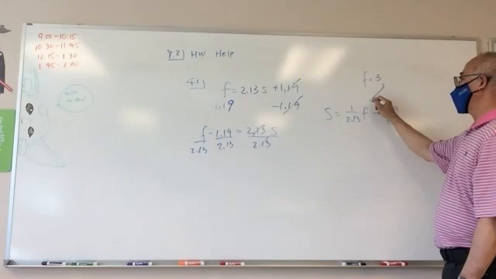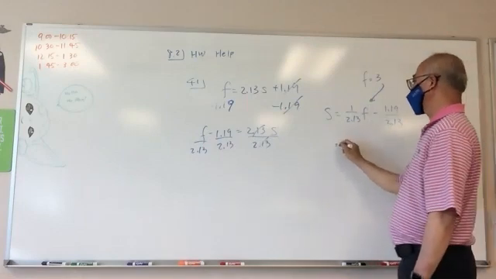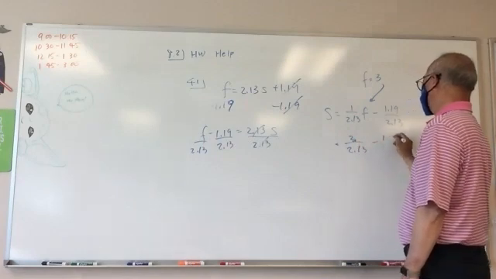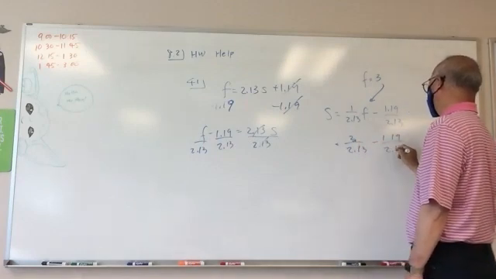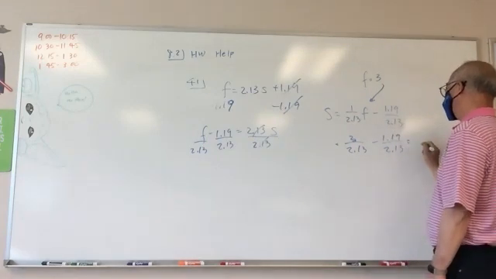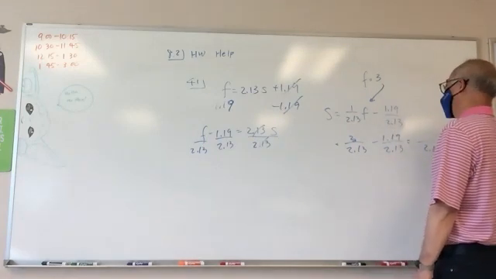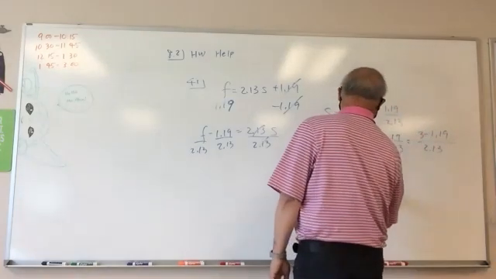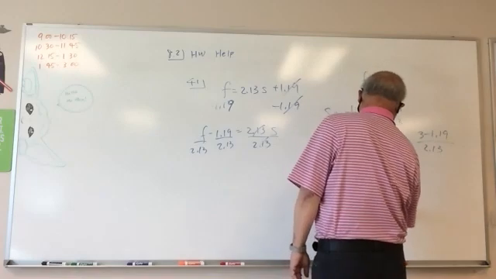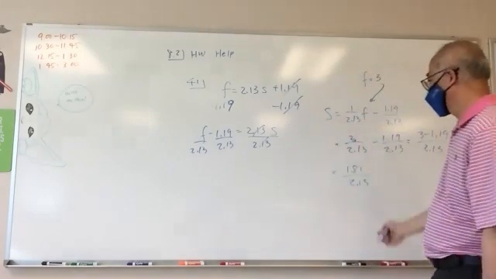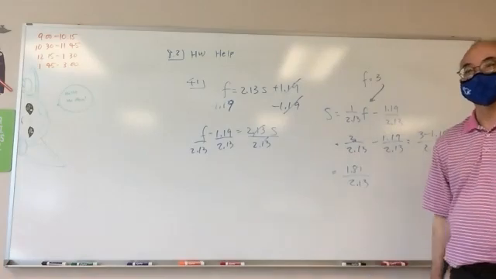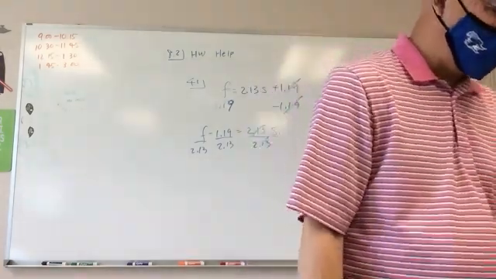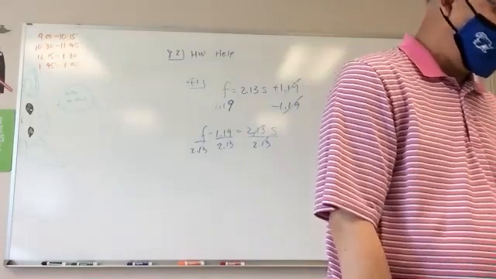So we'll just go ahead and input that right there. 3 minus 1.19 over 2.13, which is the same as if I combine them, 3 minus 1.19, 1.81 over 2.13, whatever that is. And we're good.